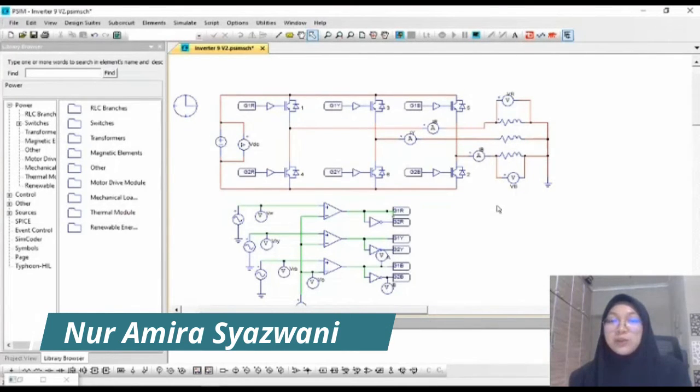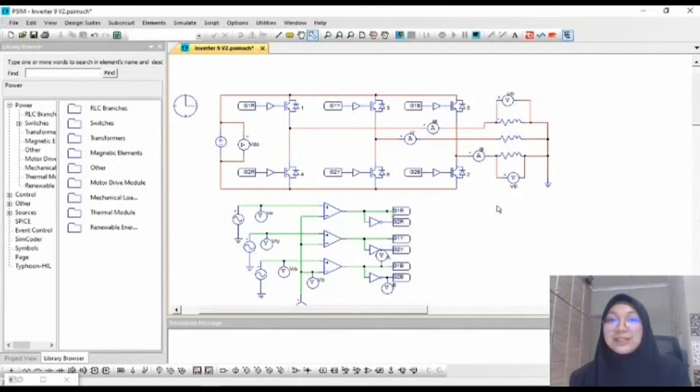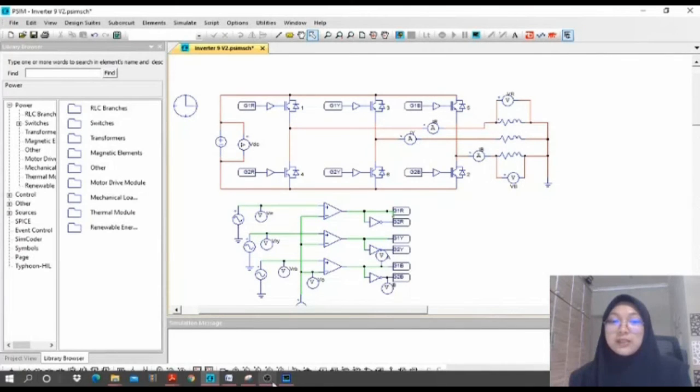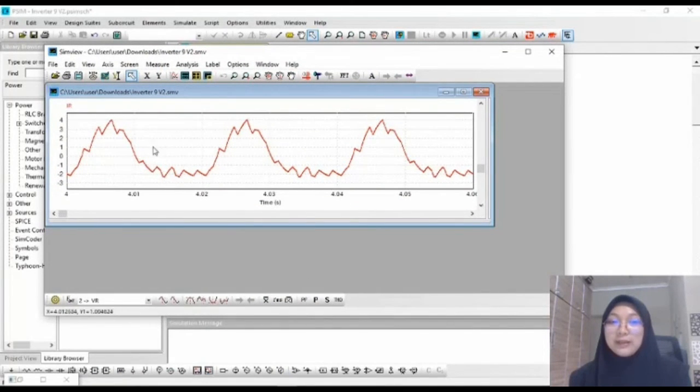So, to measure IR current, we just connected an ammeter at this point to this point of the red line. So, if we run this simulation, we just get the output current like this.